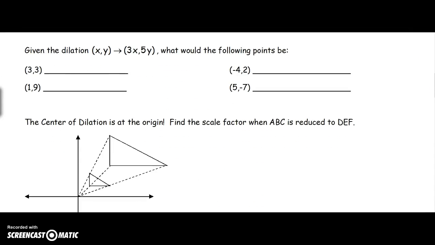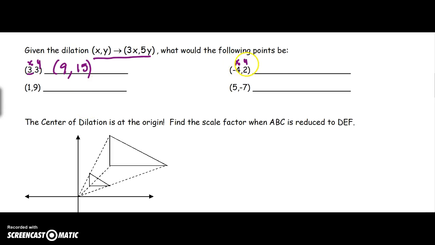Here's your coordinate notation: (x, y) goes to (3x, 5y). So if you have an ordered pair (x, y), you would substitute those in to get your new ordered pair. You would multiply this first 3 by 3, because that's when you substitute, to get 9, and this 3 by 5 to get 15.